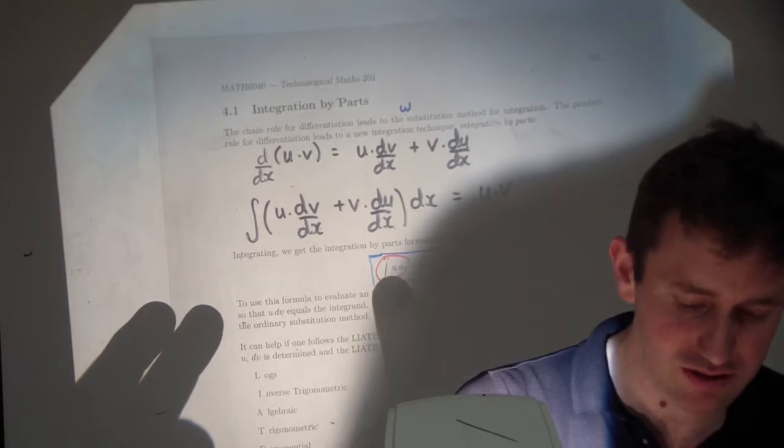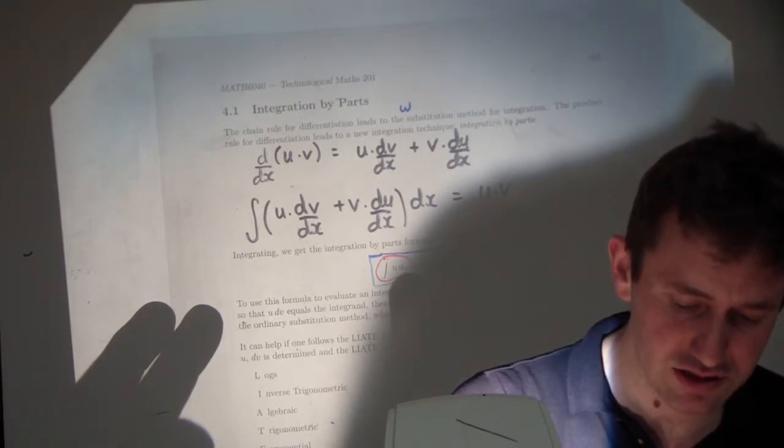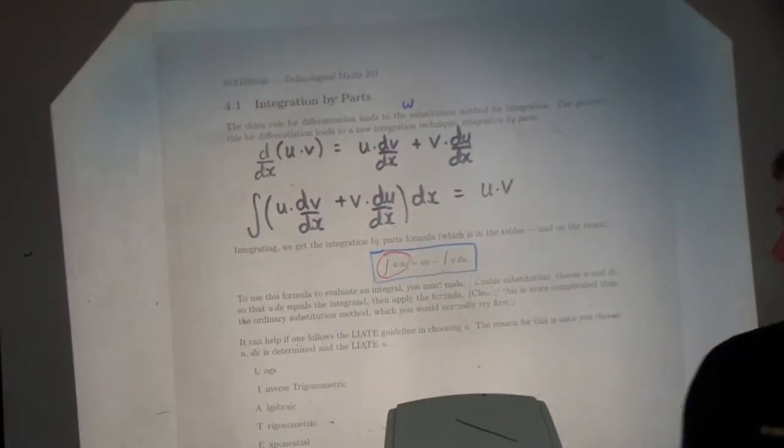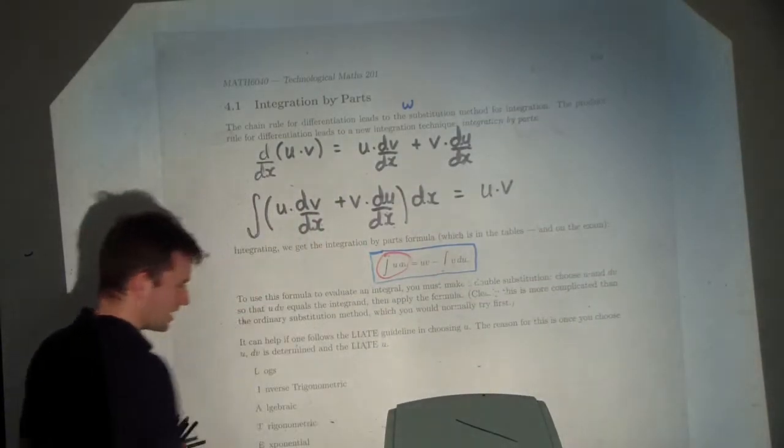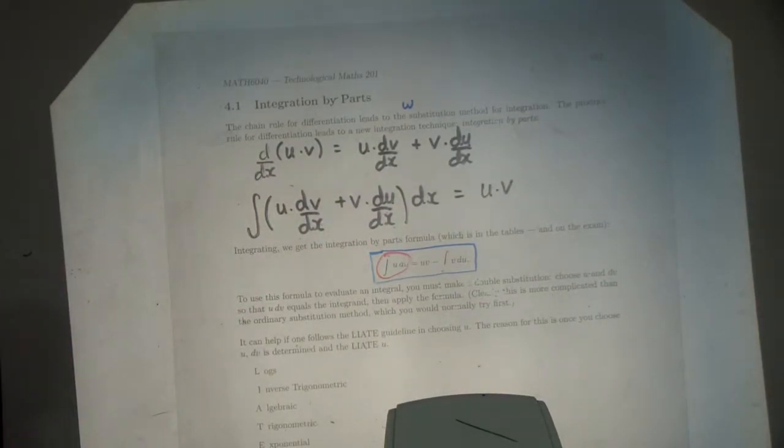So you pick something to be the u, and everything else is the dv. Now, how you pick the u, you use something called LIATE, which also can help you pick the w in the previous section.